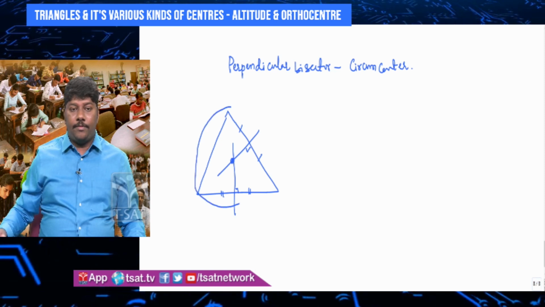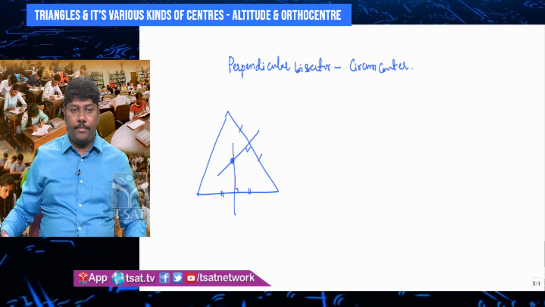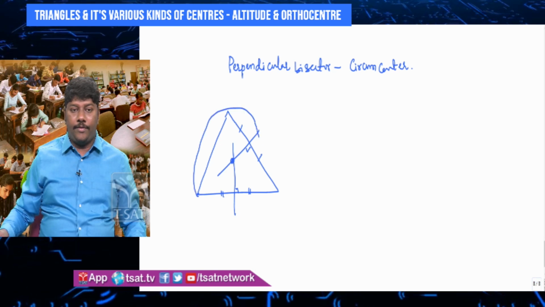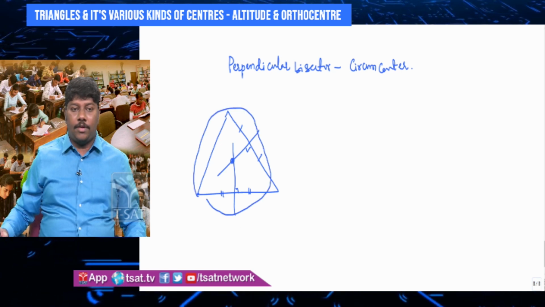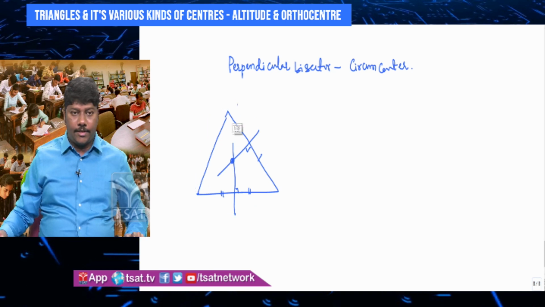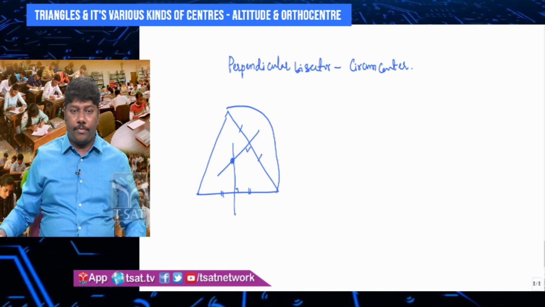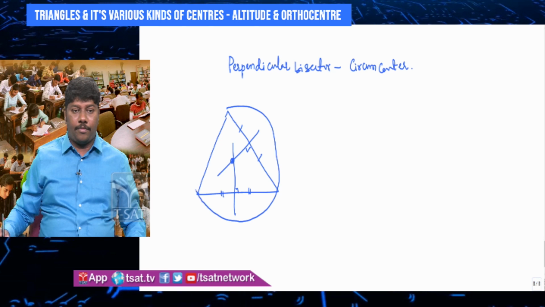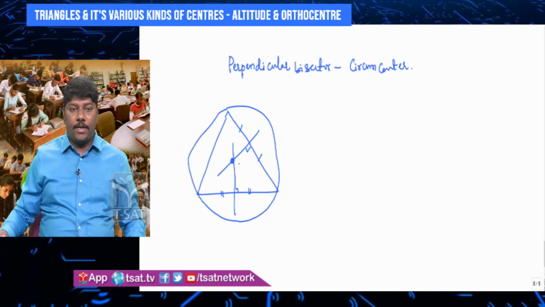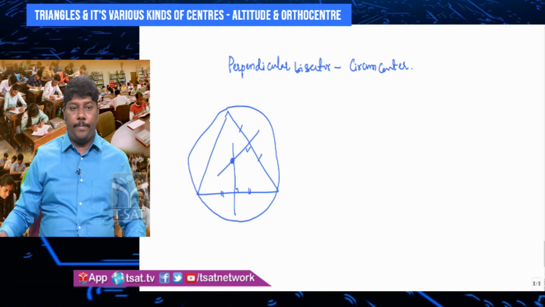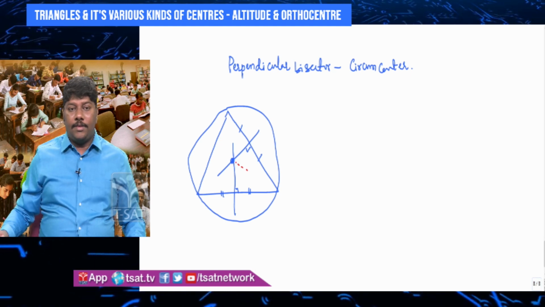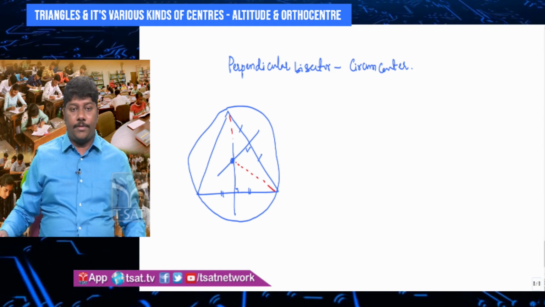Circumcenter means there is a circle which passes through all the three vertices. Like this it passes. So, when it passes through all the three, we can say circumcenter is equidistant from the vertices.